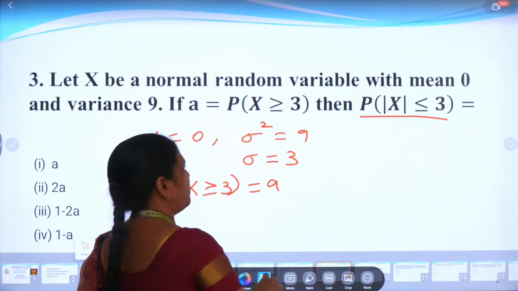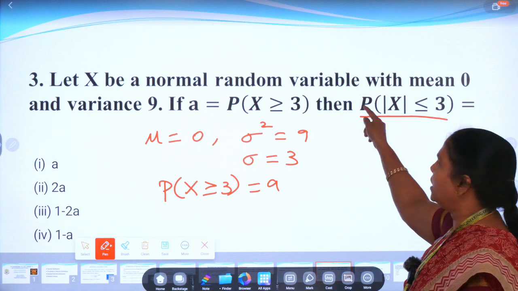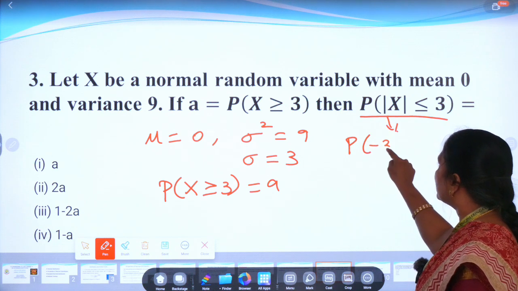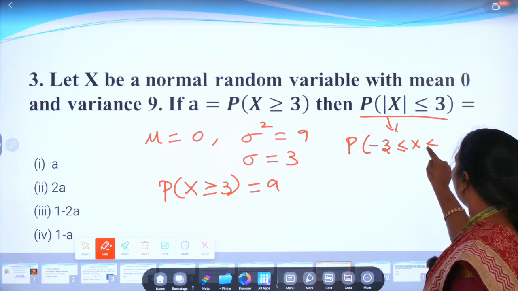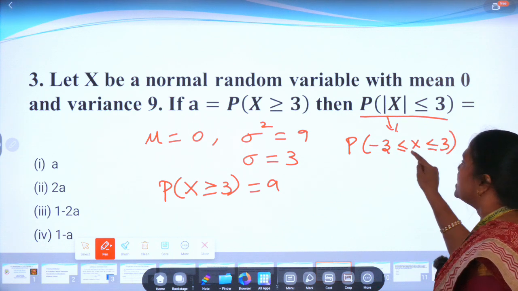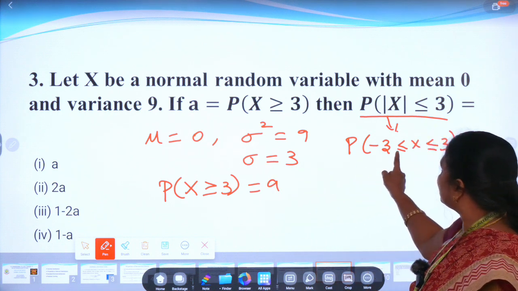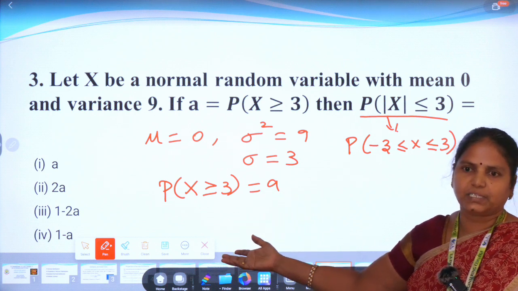To find the probability of modulus of X less than or equal to 3, how can we write this? This is nothing but the probability of minus 3 less than X less than 3. Since it is given as equal to, we can write it as equal to. In a continuous distribution, whether it is strictly less than or less than or equal to, there won't be any change in value.